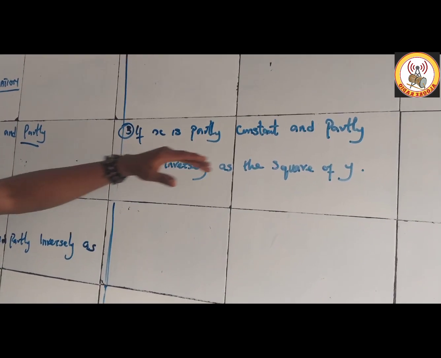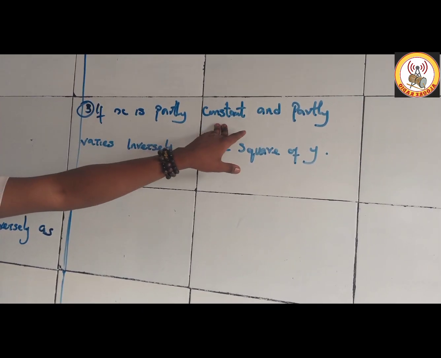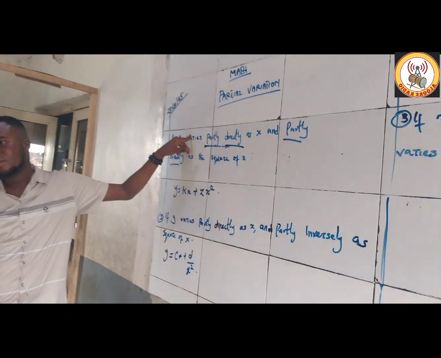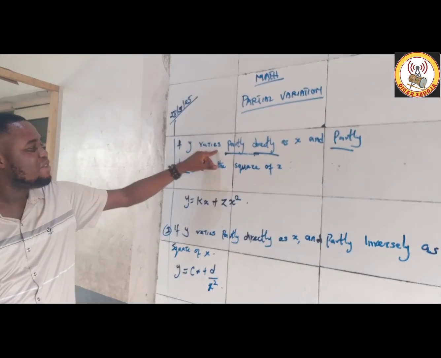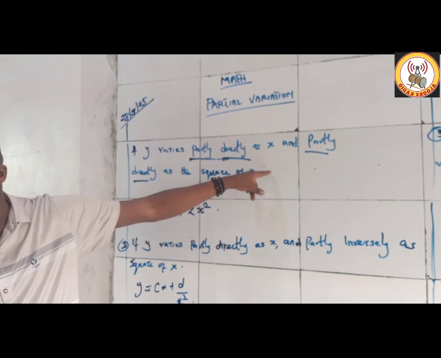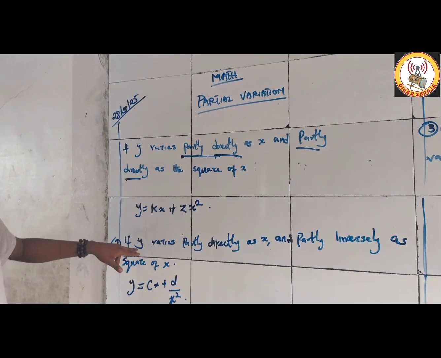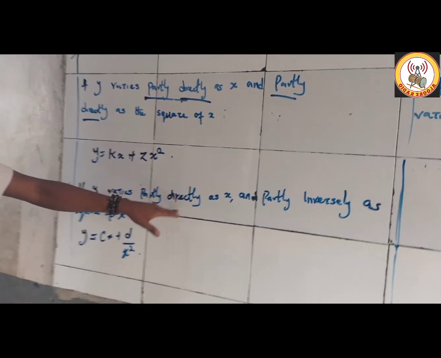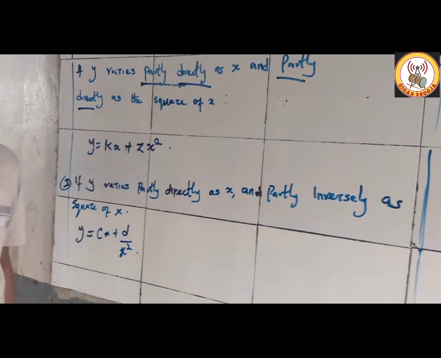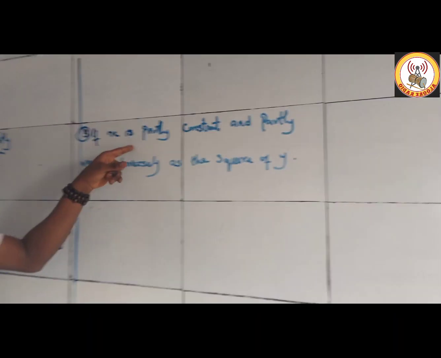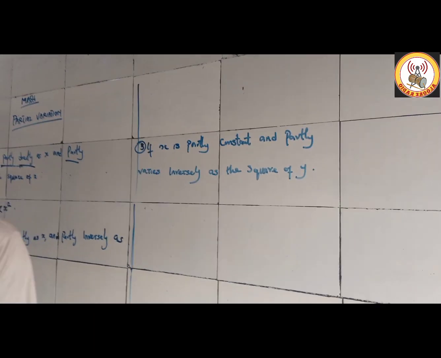Look at this. They said our X is partly constant. When you look at the first one, it is telling us that Y varies partly directly as X. There's one variable there, right? Look at the second one, it is telling us that Y varies partly directly as another variable. But here they are telling us that this X is partly constant.